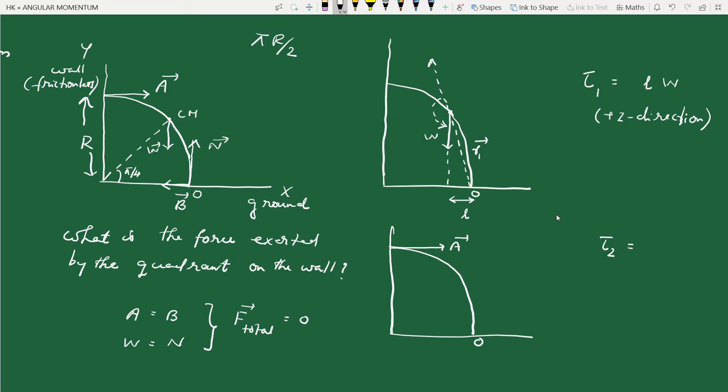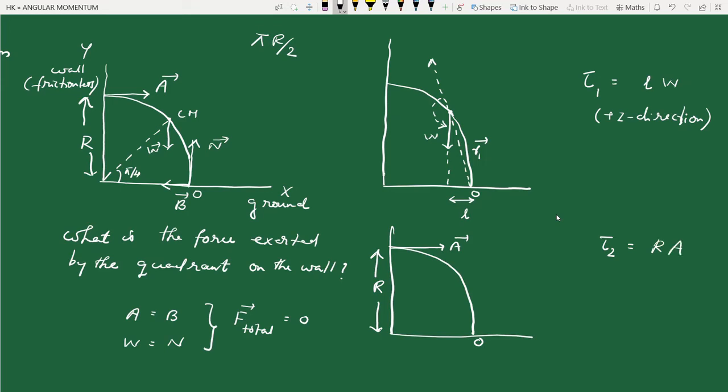We need to find the perpendicular distance between the origin and the force, which is the radius of the quadrant r. This rod is bent into a quadrant of radius r. So the magnitude of the torque is simply r into A.